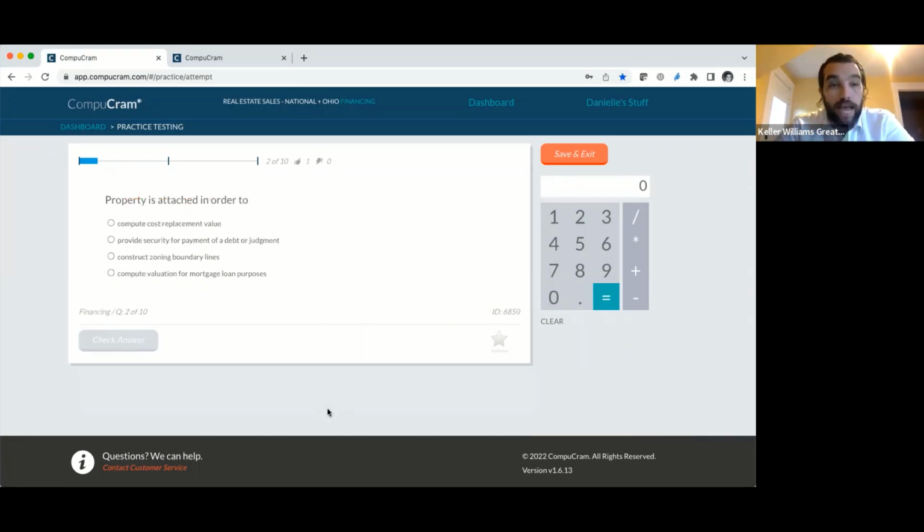Property is attached in order to A, compute the cost replacement value, B, provide security for payment of a debt or judgment, C, construct zoning boundary lines, or D, compute valuation for mortgage purposes. Why is a loan attached?